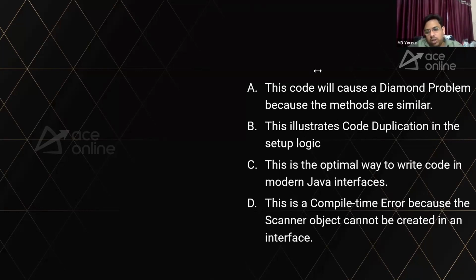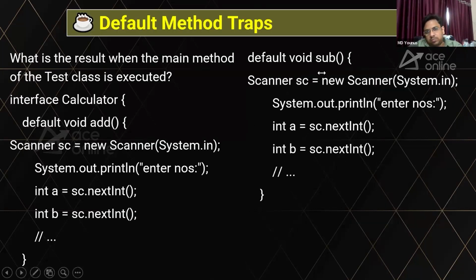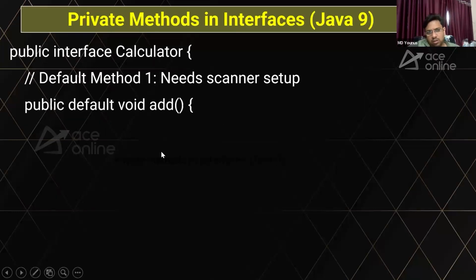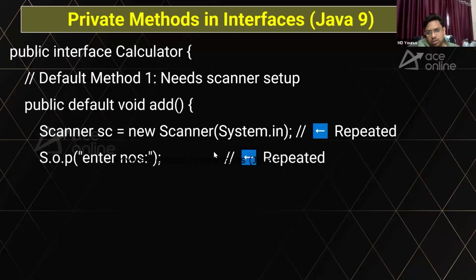Option B. If you look at the previous code, don't you think a lot of code is repeated here? Let's say we have this calculator. Do you agree? This line is repeated, this line is repeated.